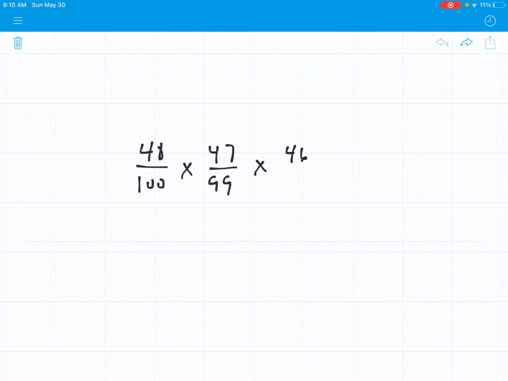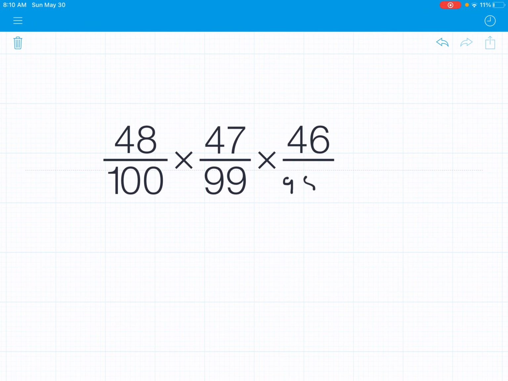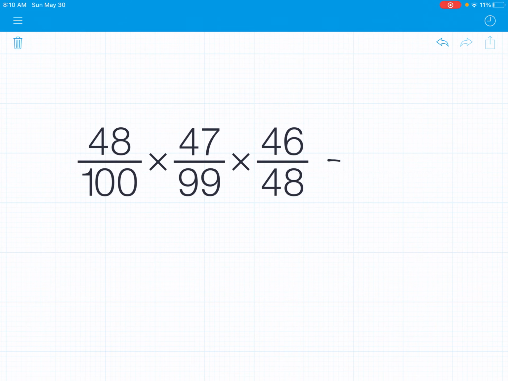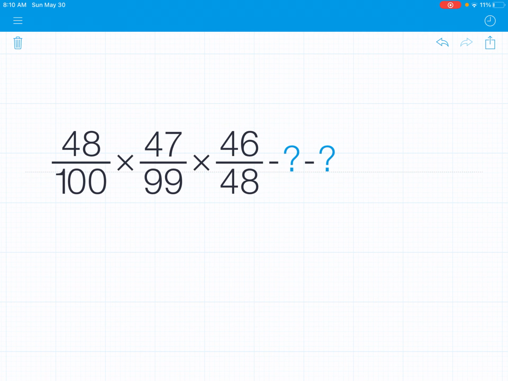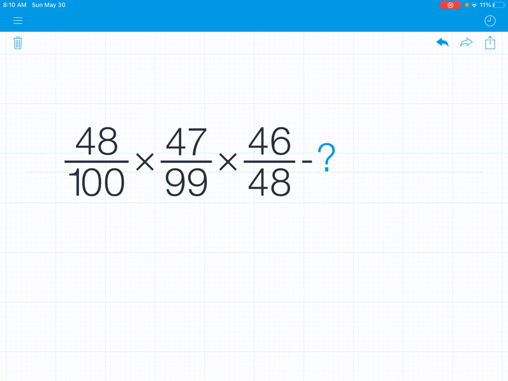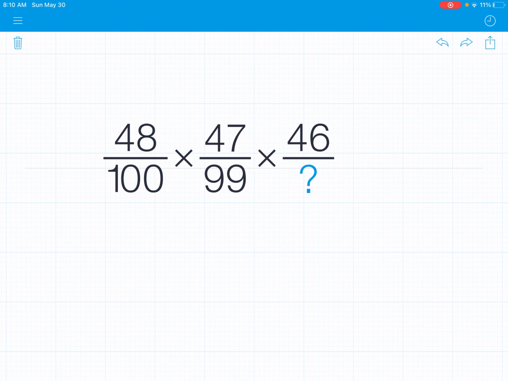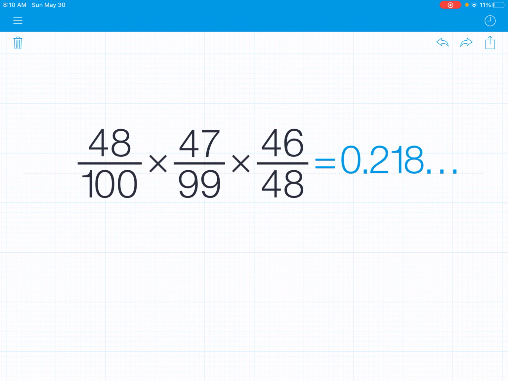Hold on. 48 over 100, 47 over 99, 46 over 98. Oh no, I'm having trouble with this one. Dang it. Whoops. Writing with my hand down here.